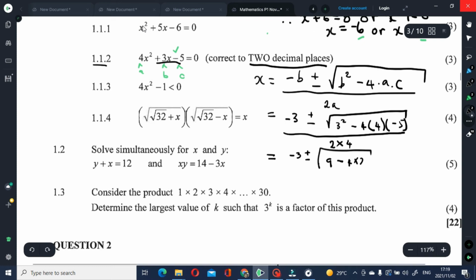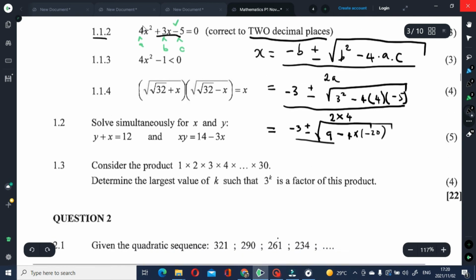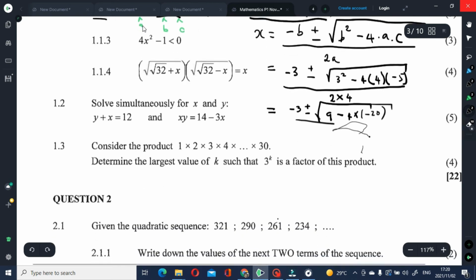Square root of, okay, and just erase this, and 4 times negative 5 should give us negative 20. Be very cautious, matriculants. And this is all over 2 times 4, which is 8, right?